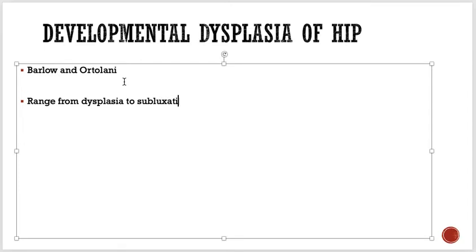Subluxation, to frank dislocation of the hip. And all this thing arises due to what? Because the child is born just now, and if you know that the hip joint is a ball and socket joint, the femur head is present in the acetabulum.